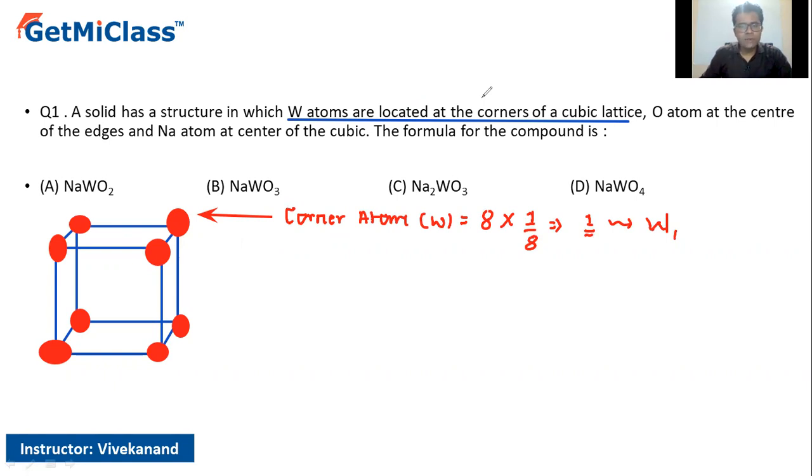Now let's observe the second scenario, wherein they are speaking about the O atoms at the center of edges. Now these things are called edges. So here we are going to have these atoms placed 1, 2, 3, 4, 5, 6, 7, 8, 9, 10, 11, and 12. Right?